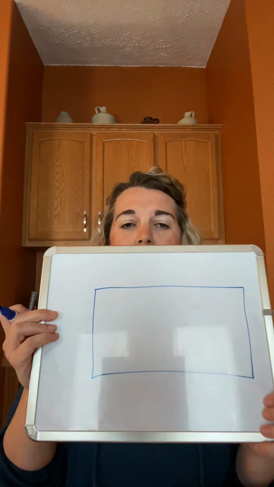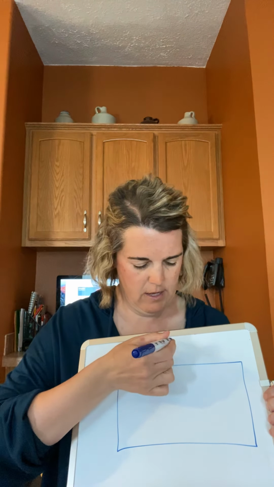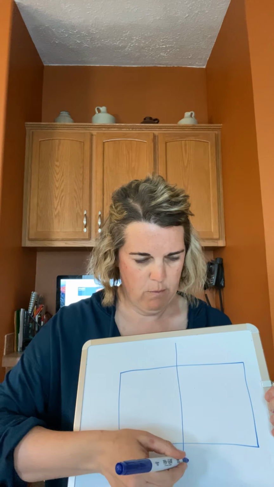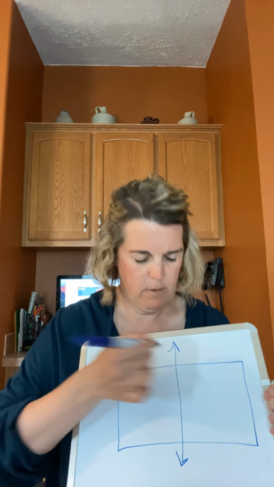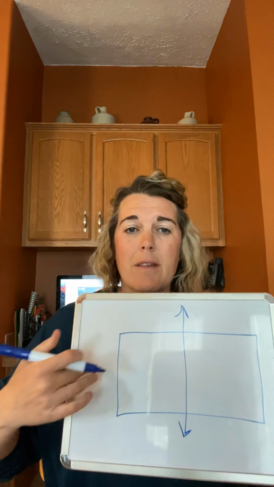So if we look in your book on page 574, at example 1, it says, this rectangle has how many lines of symmetry? So there's a rectangle. Now, we can divide this in two ways. We can go here, and there's one line of symmetry, right? But we can also go this other way.